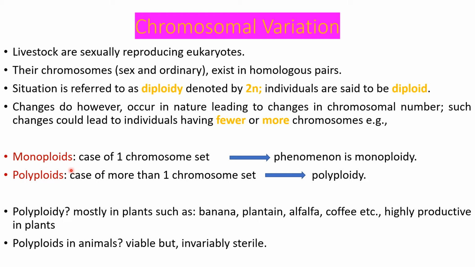It is called monoploidy in the case of one chromosome set, and the individuals are monoploids, and polyploidy when you have more than one chromosome set. Polyploidy occurs mostly in plants that produce a lot of fruits, such as banana, plantain, coffee, alfalfa, etc. Plants that show polyploidy are highly productive.